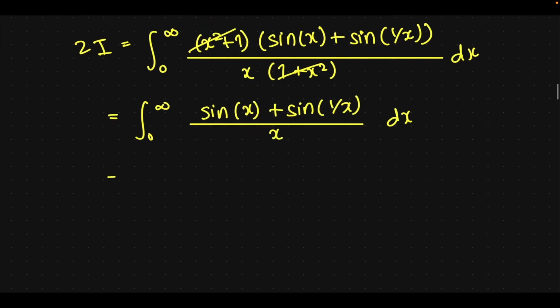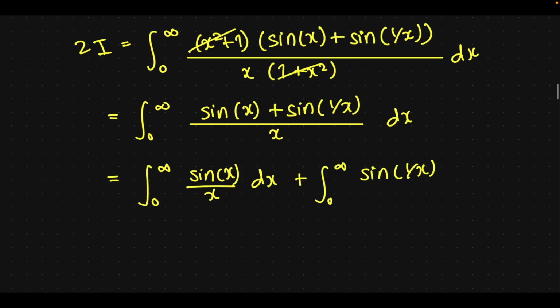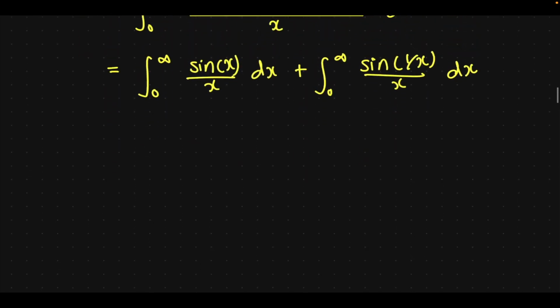And we can break this up into two integrals by linearity. So we have the integral of sine of x over x dx plus the integral from 0 to infinity of sine of 1 over x over x dx. The first integral we know, the Dirichlet integral, is pi over 2. Plus, we do get a similar integral by doing a reciprocal substitution.